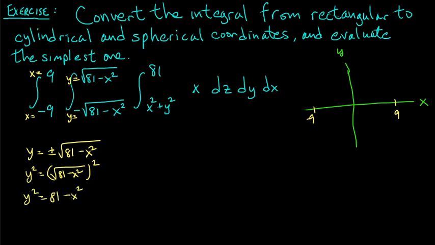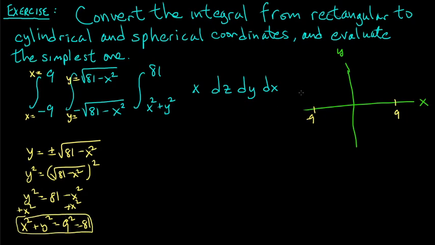And if I add x squared to both sides, I get the more familiar x squared plus y squared equals 9 squared, which is 81. So that explains the 9 here. It's the radius of a circle, so this is just the equation of a circle of radius 9.